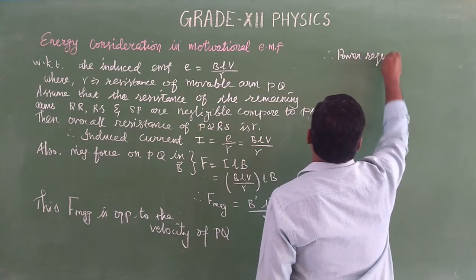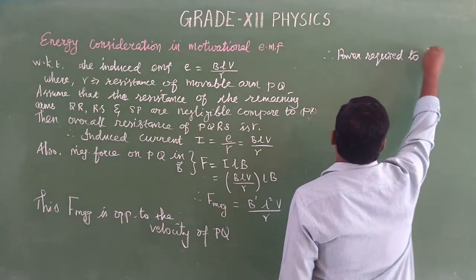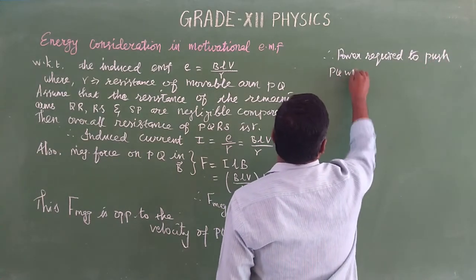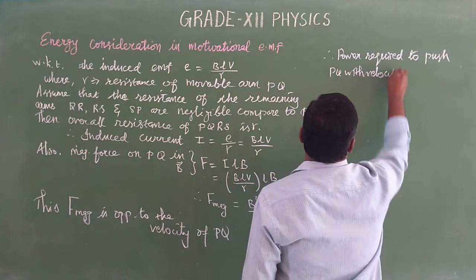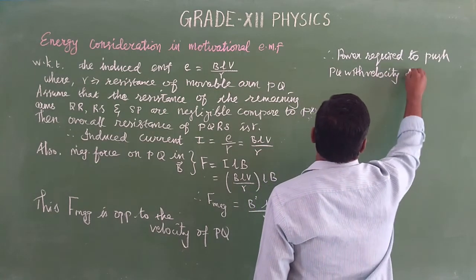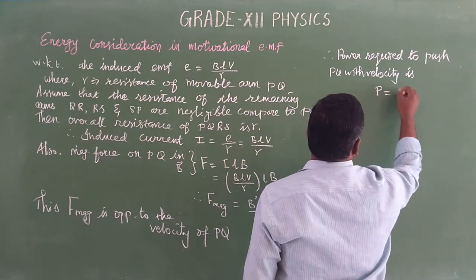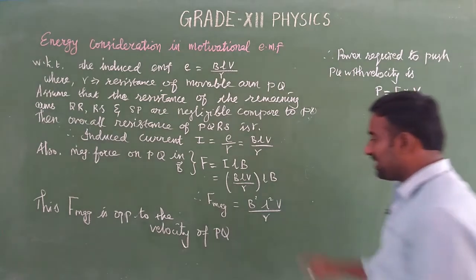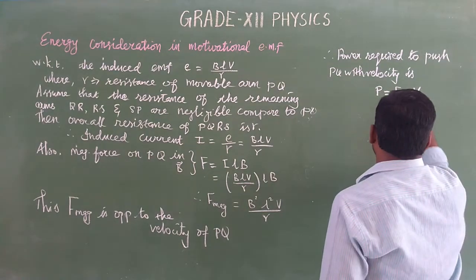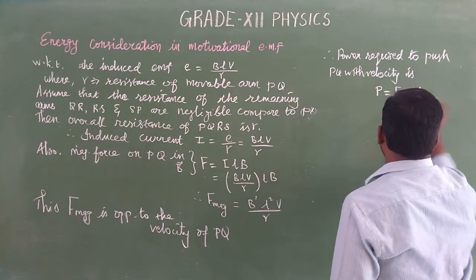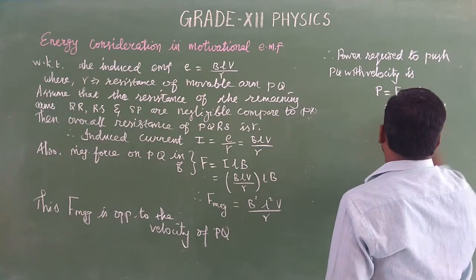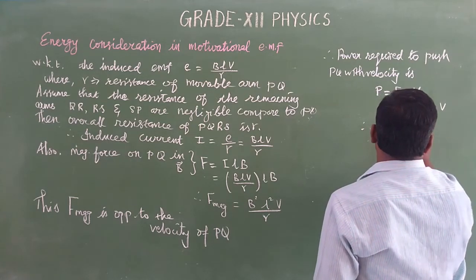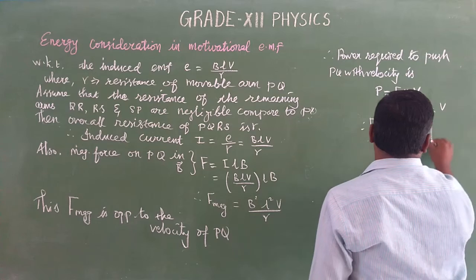Therefore, the power required to push PQ with velocity V: power P is equal to the magnetic force into velocity. The magnetic force is B square L square V by R, into V. Therefore, the power required is B square L square V square by R. We have calculated the power.